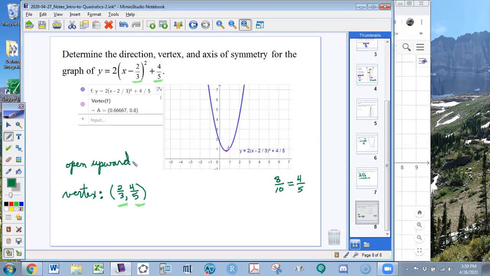This parabola opens upward. This quadratic equation is a graph that opens upward. And my axis of symmetry is the equation x equals 2/3. So we've seen these quadratic equations with an x squared in them give us parabolas.